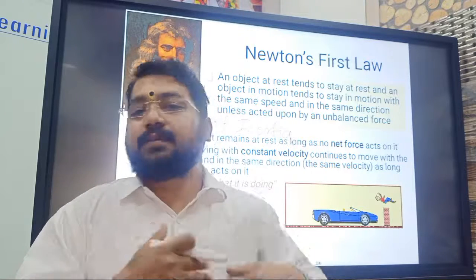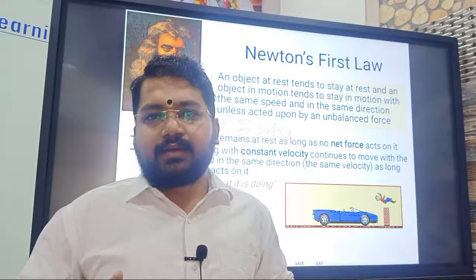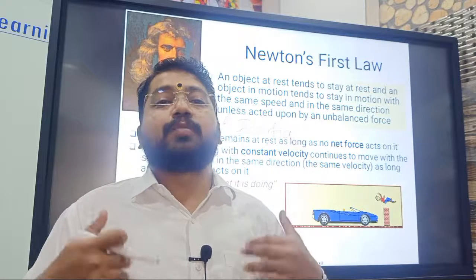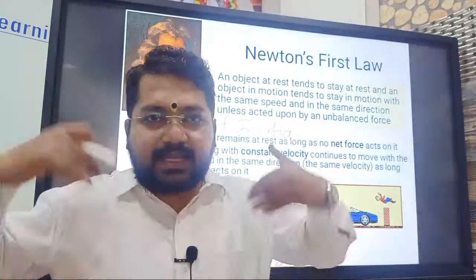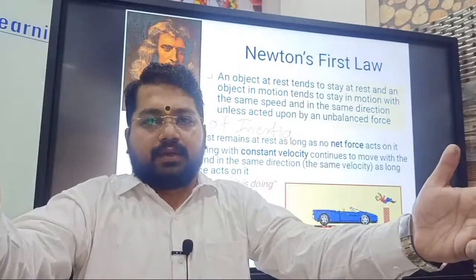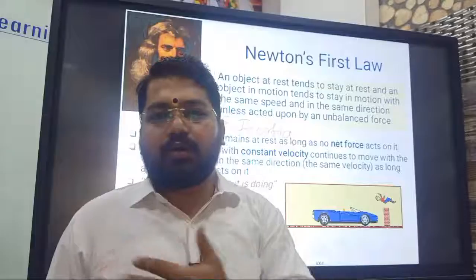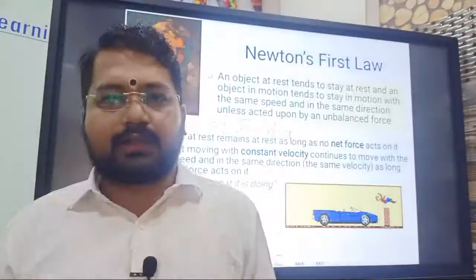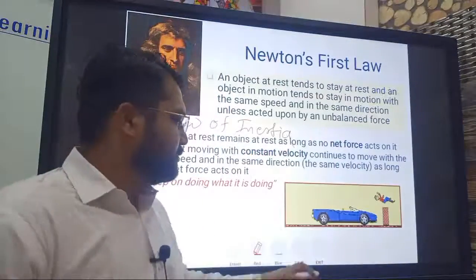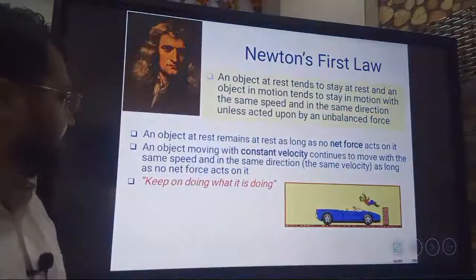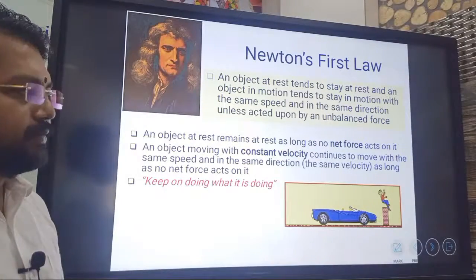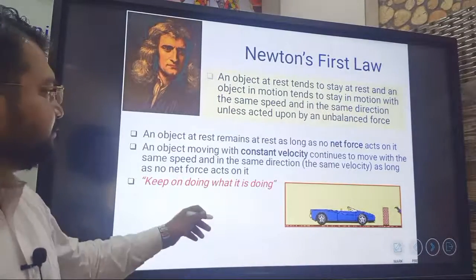But if the seatbelt is not there, then the person cannot be stopped. The person will stay in motion, right? Yes. So whenever an accident happens, we should take care to wear seat belts. Otherwise, this will happen with us.